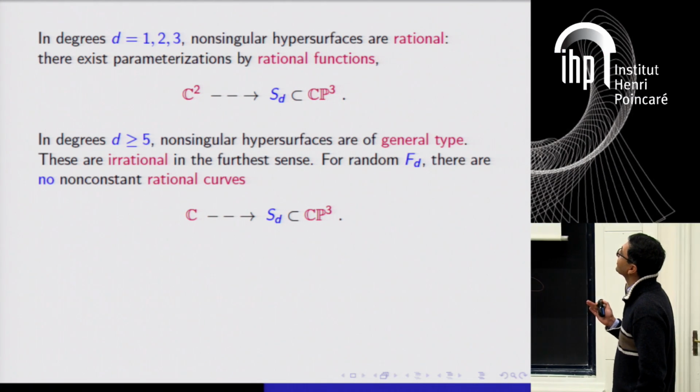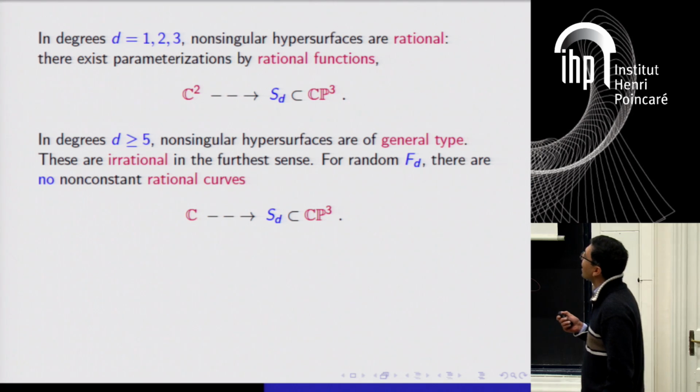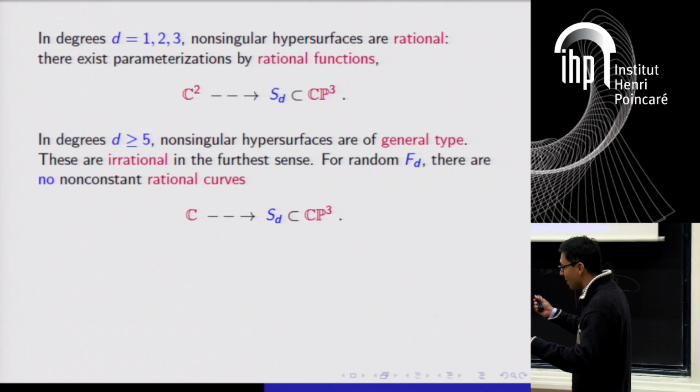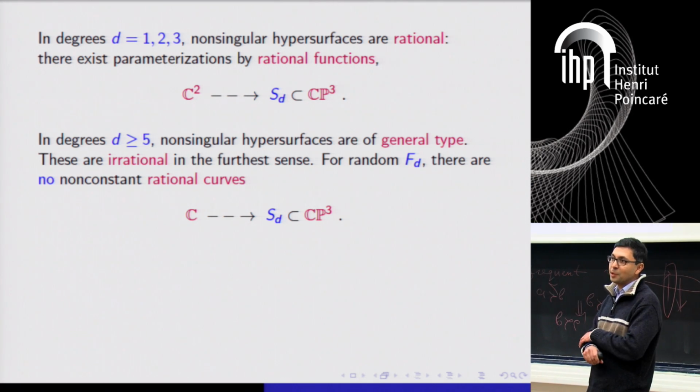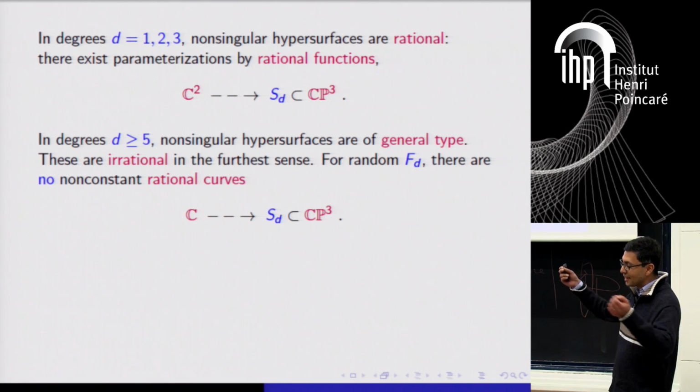And to say this extremely, if I take a random one of these, then in fact there's not even any rational curves. There's no way to put any rational curves. So in particular, there will be no lines at all. Not only no lines, but no rational curves of any degree.